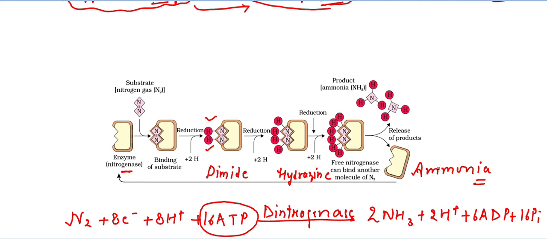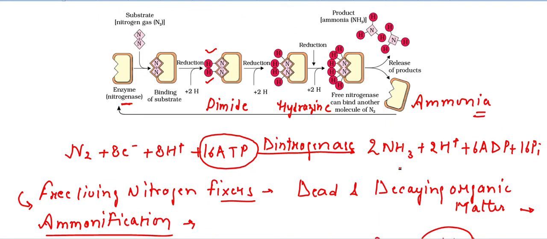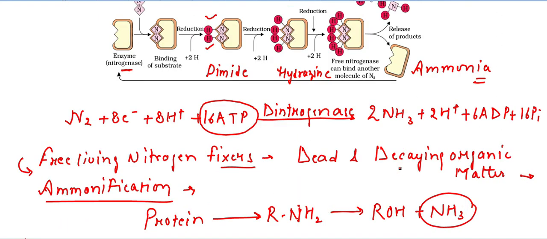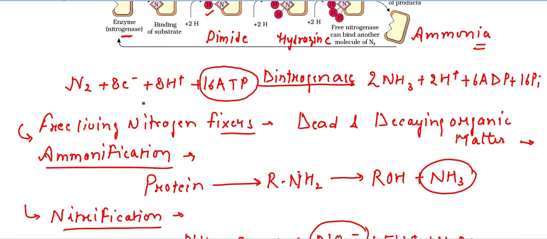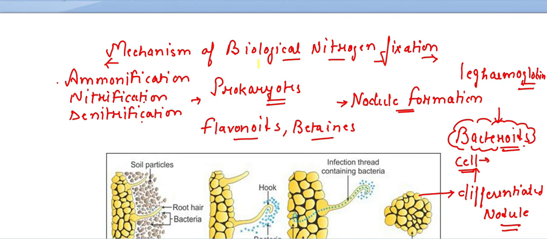Here you can see that the weakened molecule of nitrogen is acted upon by hydrogen from a reduced coenzyme, and the diimide, the hydrazine, and the ammonia are formed. So this is the story behind symbiotic nitrogen fixation. You can see the equation here, right? I just want to highlight the important points.